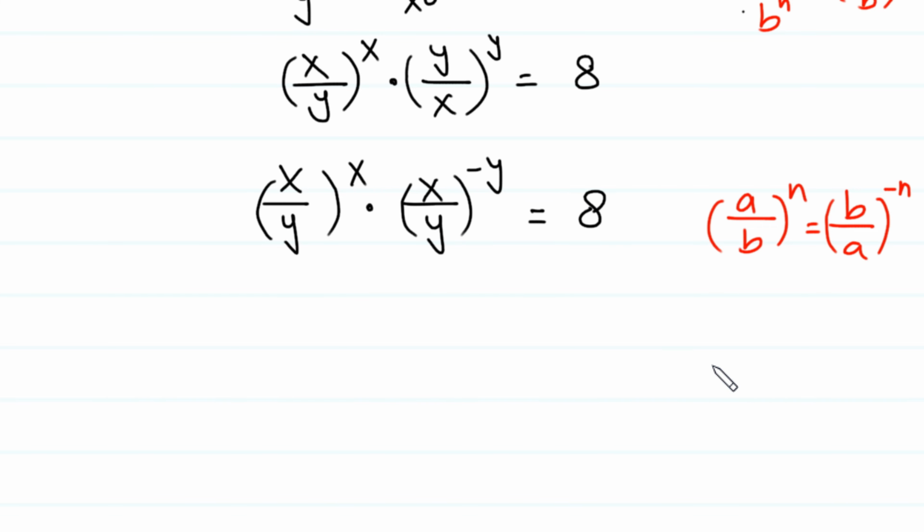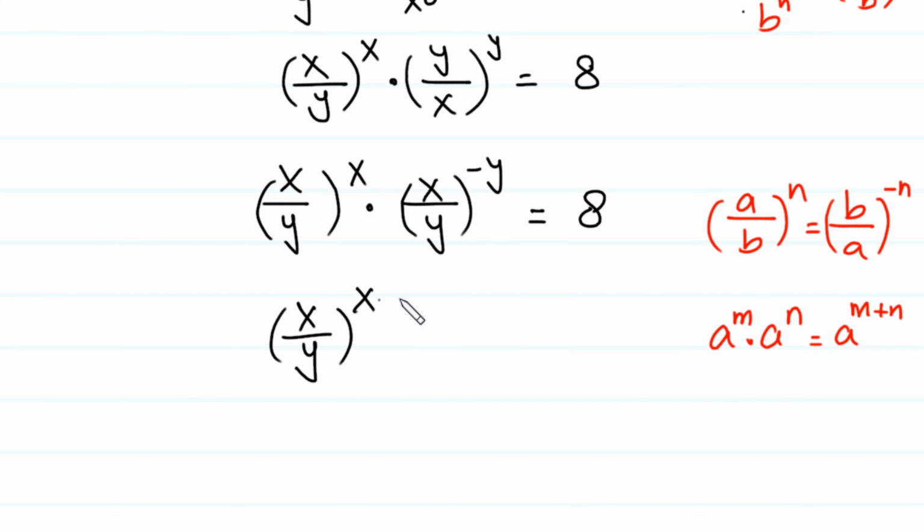Next, according to the rule of exponents, a to the power m times a to the power n is equal to a to the power m plus n. We can write this as x over y to the whole power x minus y is equal to, and this 8 can be written as 2 to the power 3.